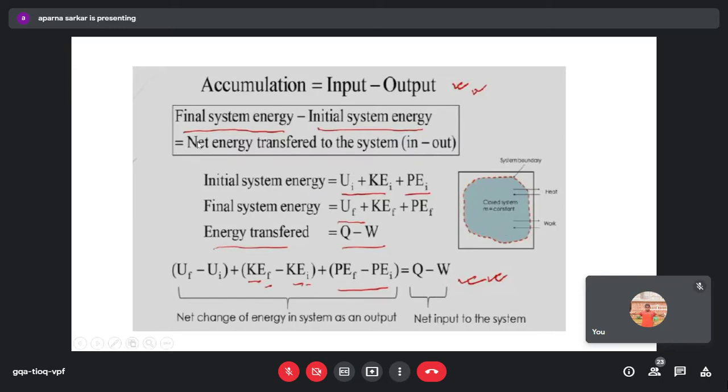And what is accumulation? That is the final energy or the difference in energy. In a closed system, we can see three types of energy: internal energy, kinetic energy, and potential energy. So the net change is equal to the net input to the system.